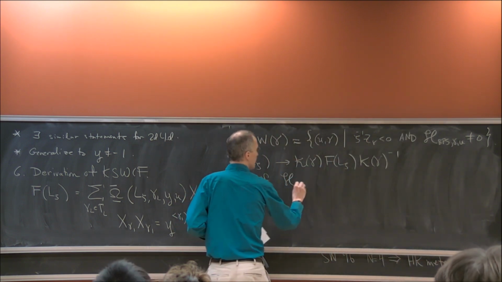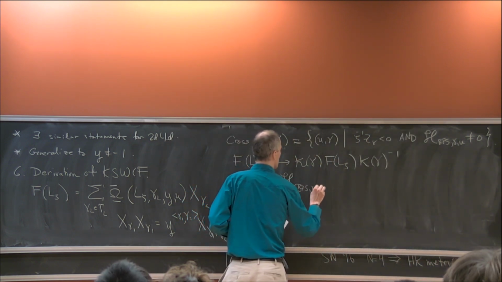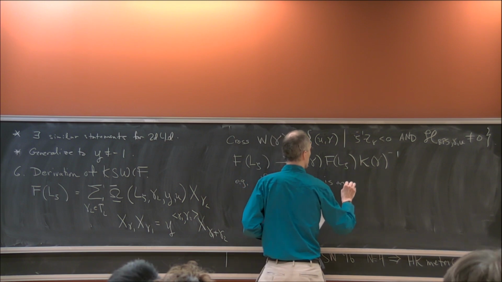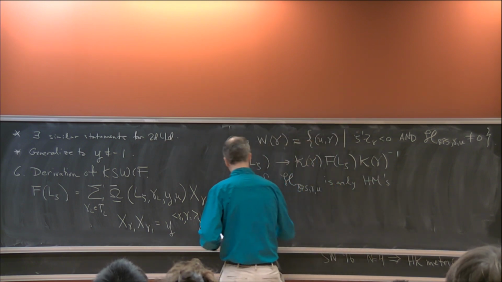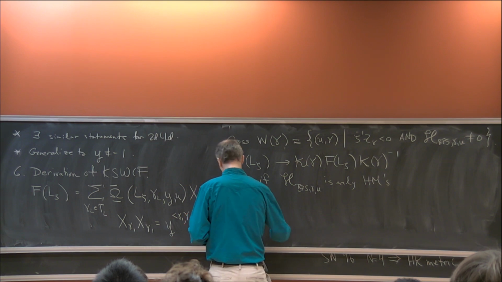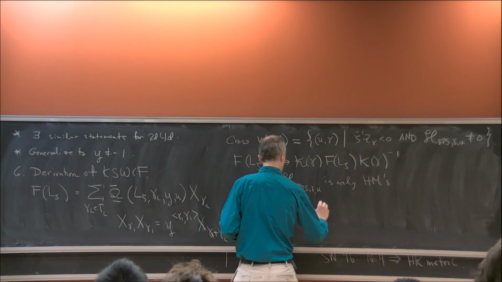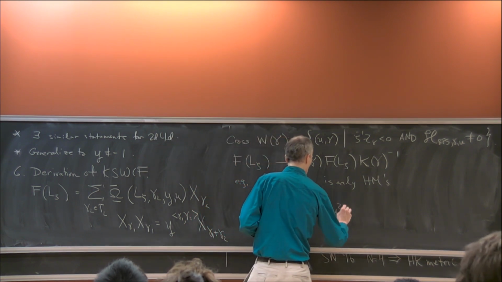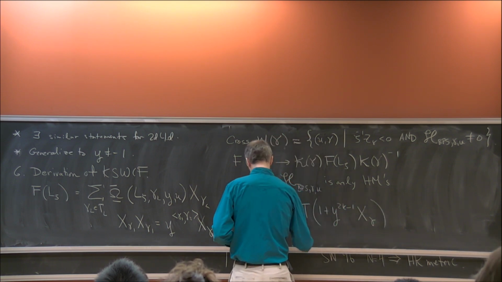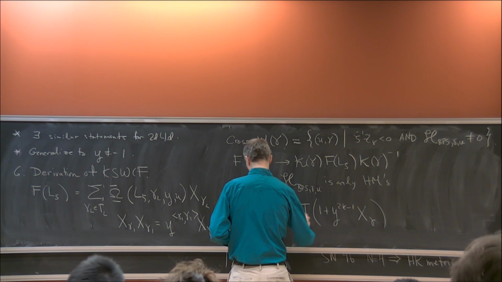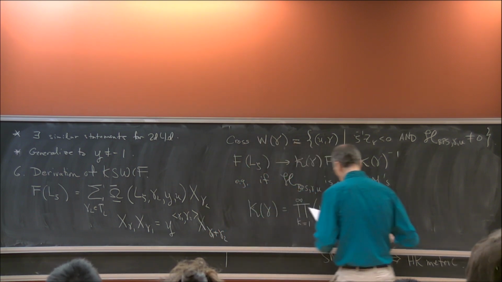Now, for example, if BPS gamma u is only hypermultiplets, then what is this K of gamma? This K of gamma is what's called the quantum dilogarithm, which sounds very scary. It's a certain infinite product. Although, well, okay, it's an infinite product.